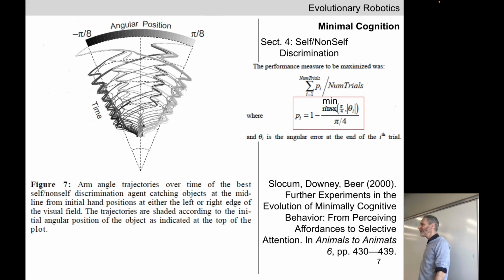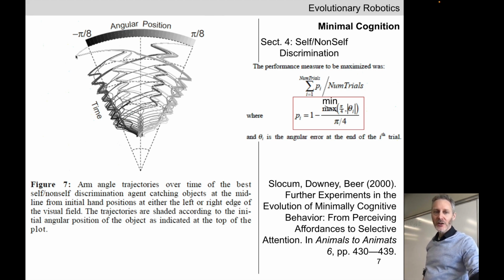What is the robot doing? In this case, where it starts with its arm at minus pi over 8 radians, and the object starts falling at plus pi over 8 radians above it, it keeps that oscillating motion, but it makes larger movements in the opposite direction each time.